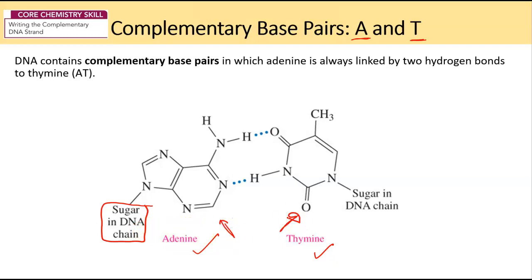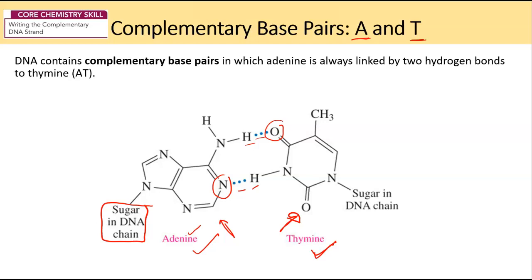When two nucleotides contain the adenine base and the thymine base, they can make two hydrogen bonds between the hydrogen atoms and the other electronegative atoms. When making these hydrogen bonds, they interact and bind together.